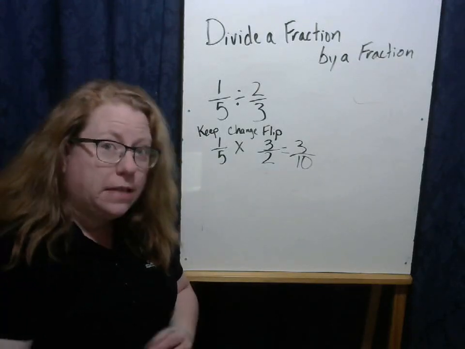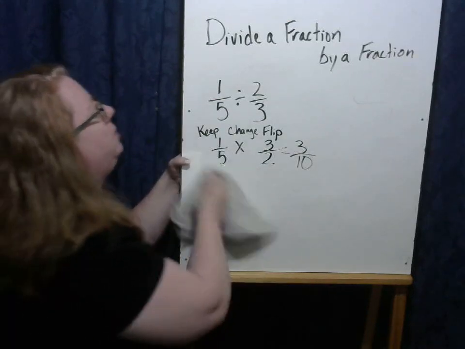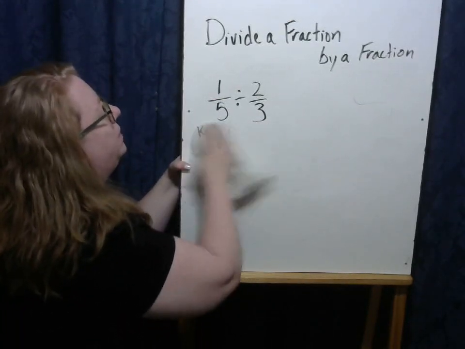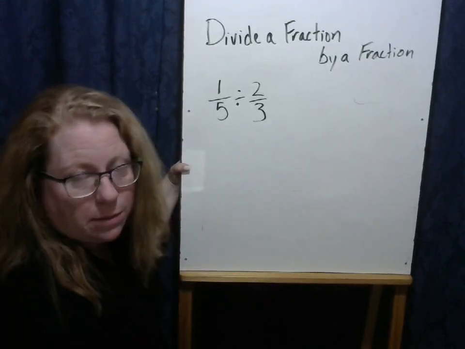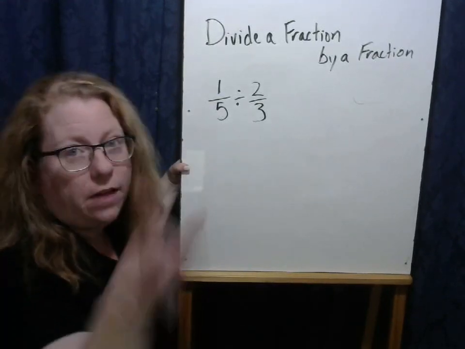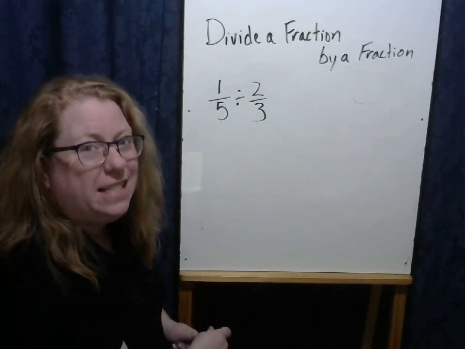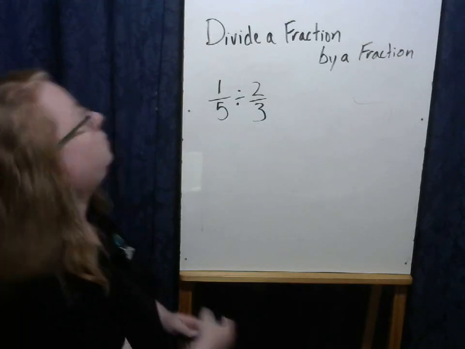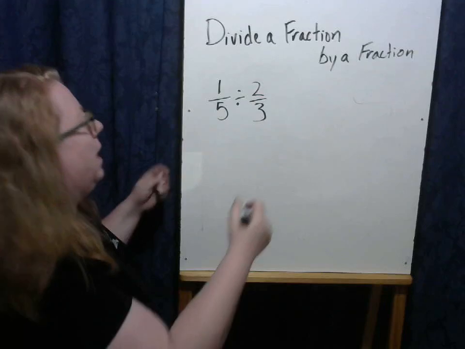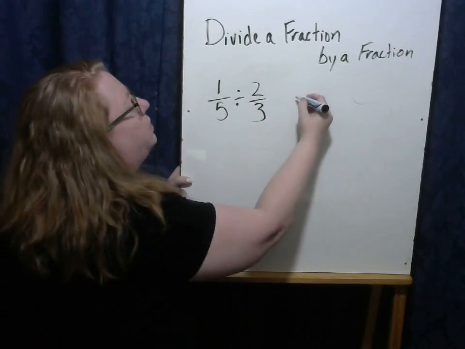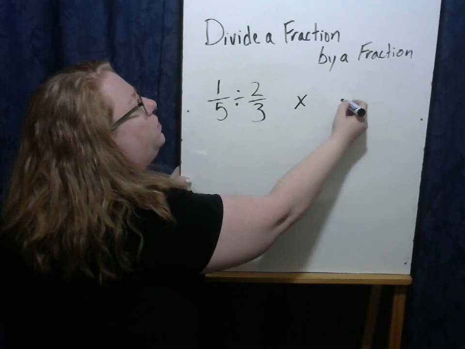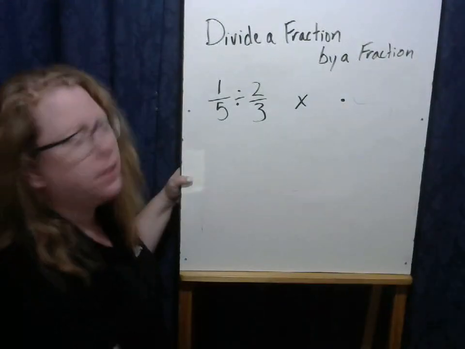One thing I want to emphasize is that I'm going to start changing the symbol I use for multiplication now that you're in 6th grade, because from 6th grade on, we start using a different symbol if you haven't seen it yet. And that is we change from using the X to using a dot.